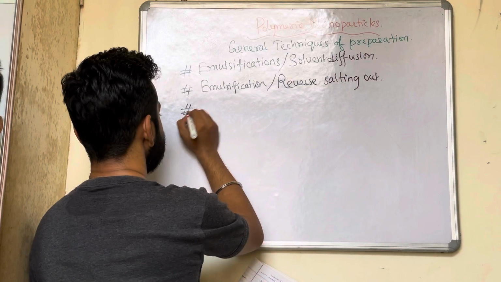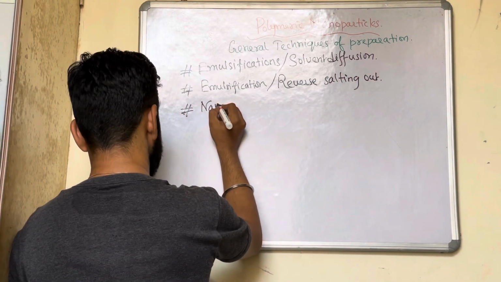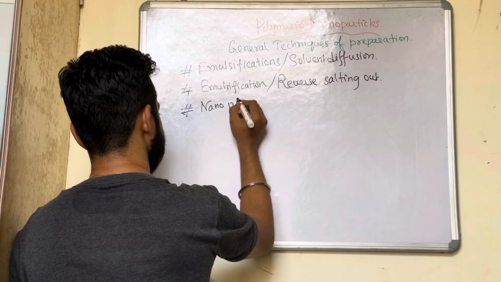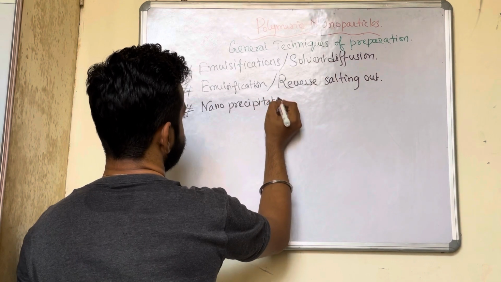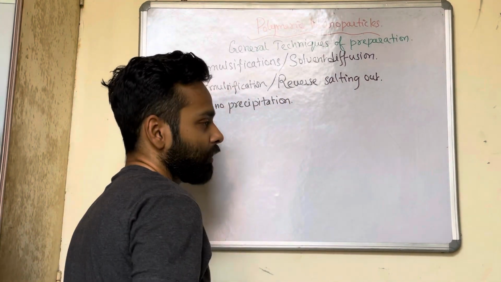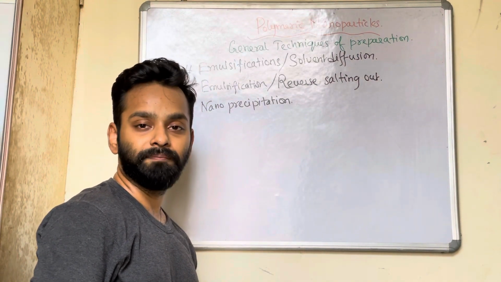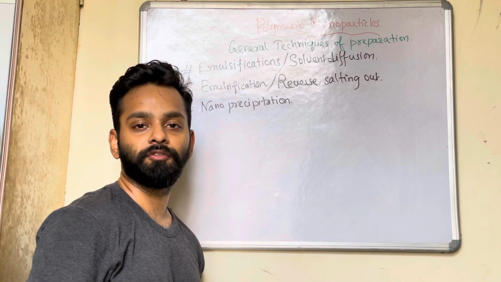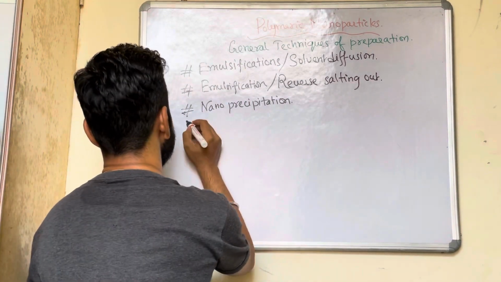There is another strategy known as nanoprecipitation, and one of the most widely used or simple approaches for the preparation of polymeric nanoparticles is the method known as solvent evaporation.